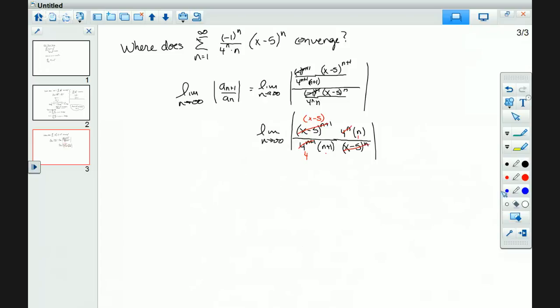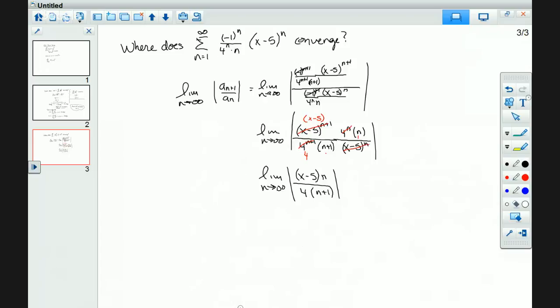So let's rewrite it, and I think you'll see. x minus 5 times n, 4 times n plus 1. Now we're in an infinite limit. What do those n's become? 1, right? If I had done this, what would your infinite limit be? 1, correct?